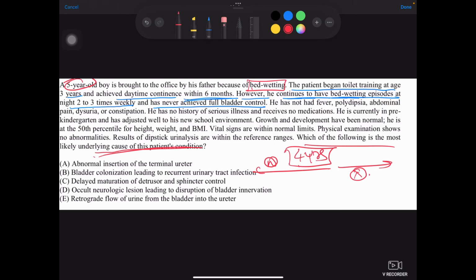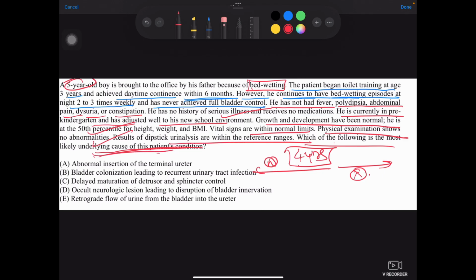So this was up till 4. He has not had any fever, polydipsia, abdominal pain, dysuria, or constipation. Nothing. He's currently in pre-kindergarten. Growth is normal, at the 50th percentile. Physical examination shows no abnormality.